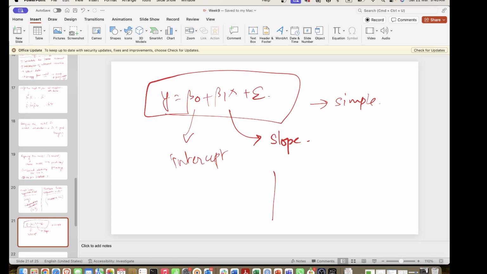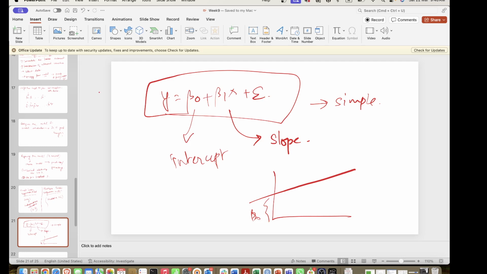If you remember, y equal to mx plus c: c is beta naught and m is beta 1. So it would essentially mean this line, where this part is beta naught and the slope of this line is beta 1. All right.